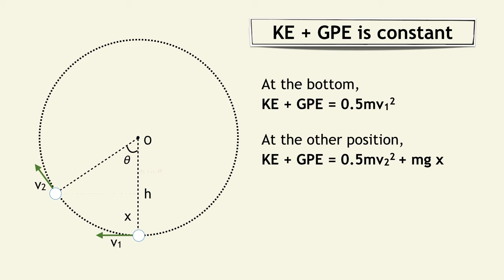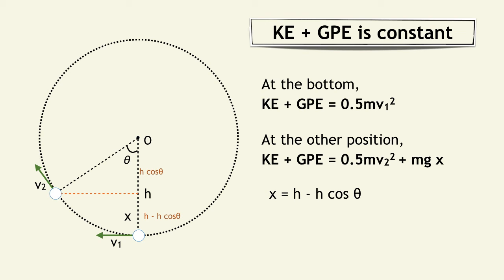And we're going to do some careful trigonometry, from which we can find that the value of x is equal to h minus h cos theta, where h cos theta is that small segment, by your SOHCAHTOA rules.